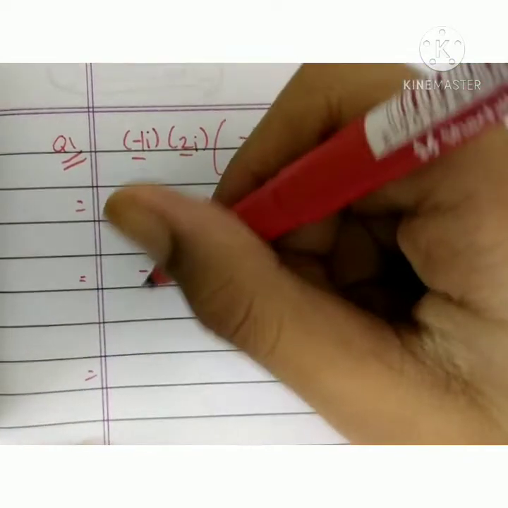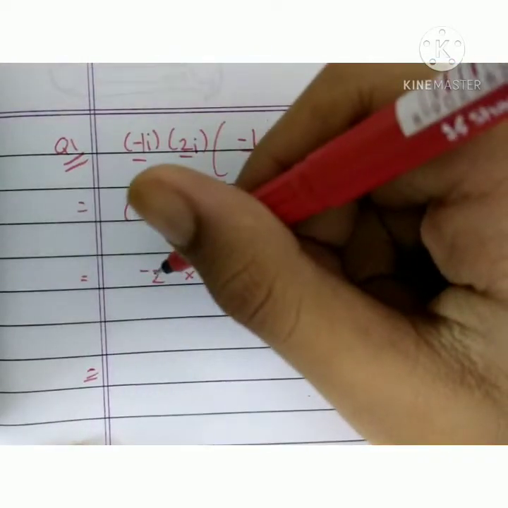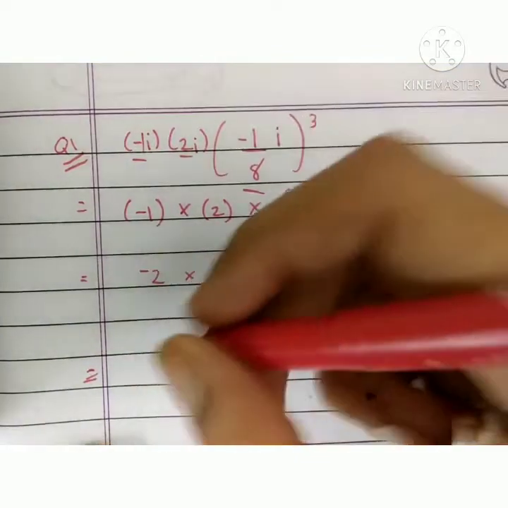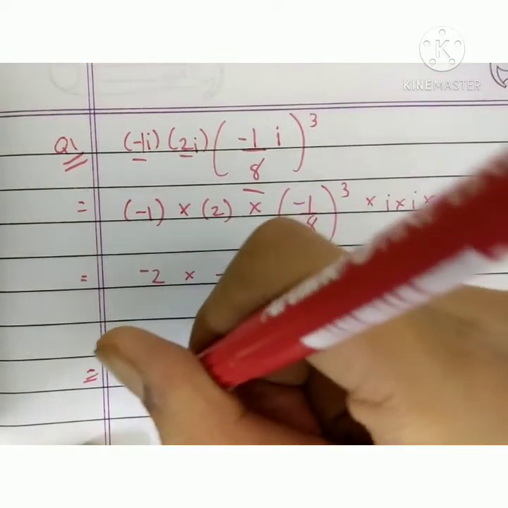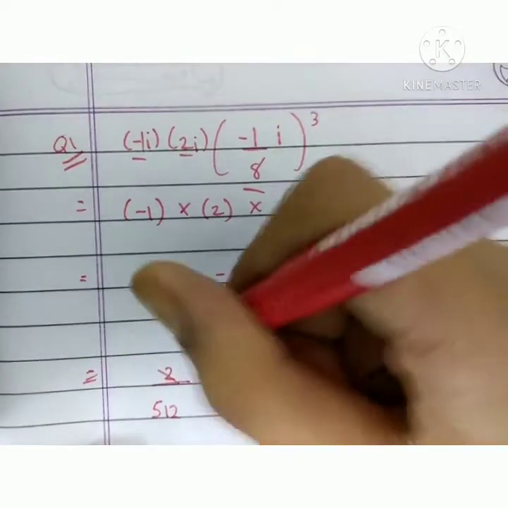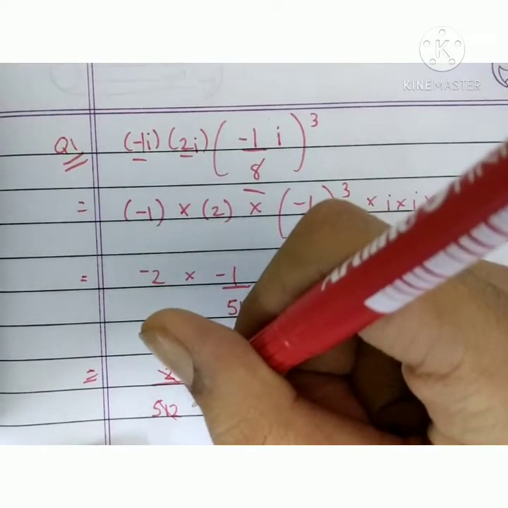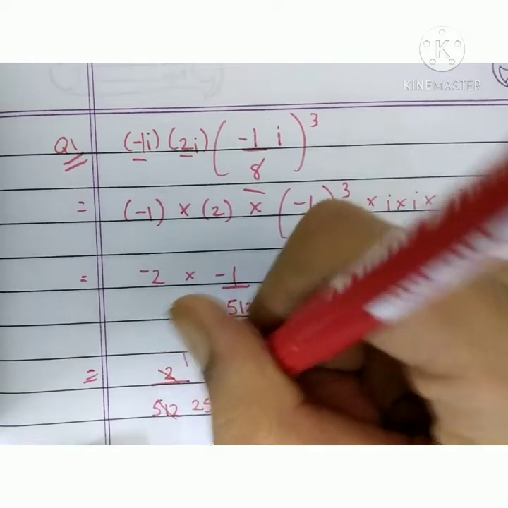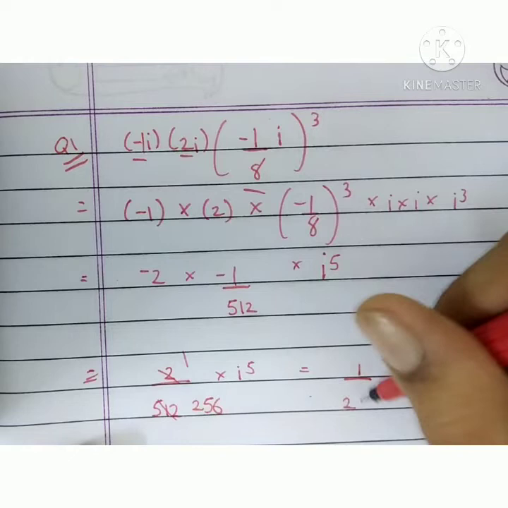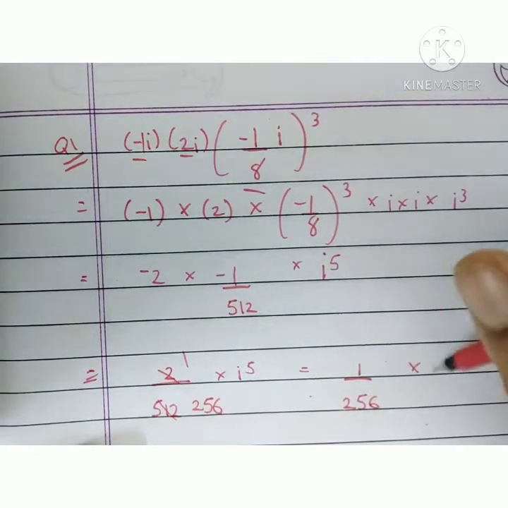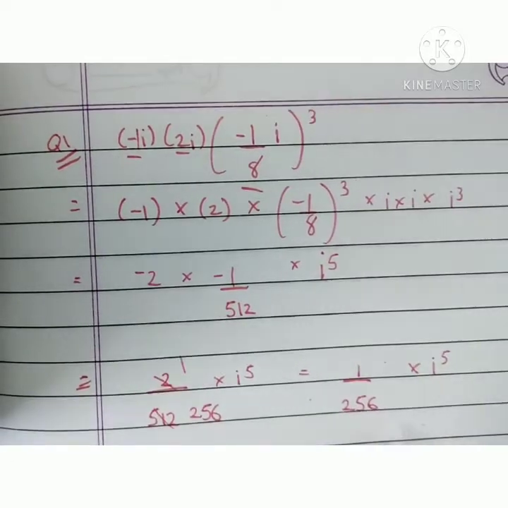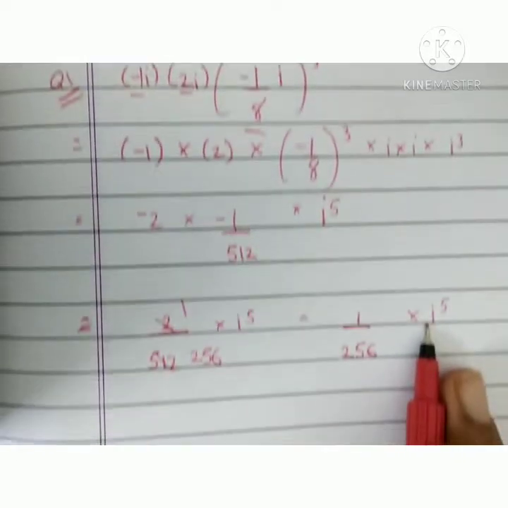Now I can see that these two are getting cancelled. So let's cancel them. This will be 2 by 512 multiplied by i raised to 5, which would be 1 by 256 multiplied by i raised to power 5. Now I can see that here it is i raised to power 5, which is an odd number.